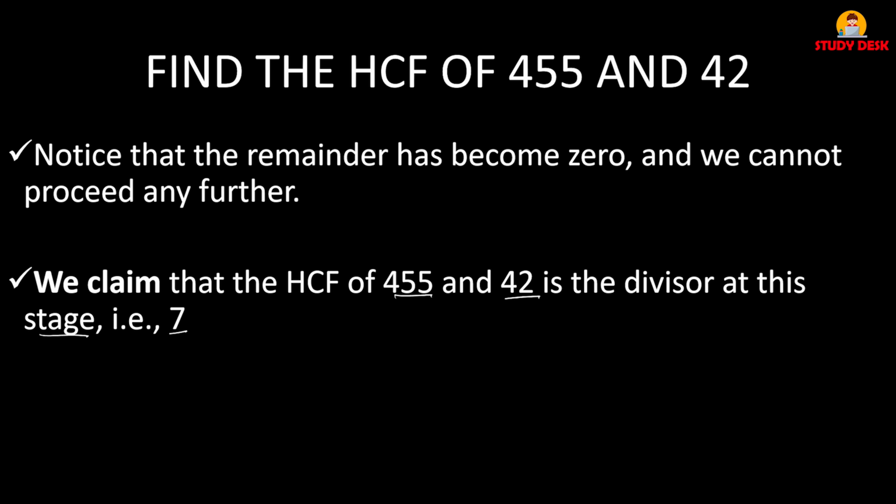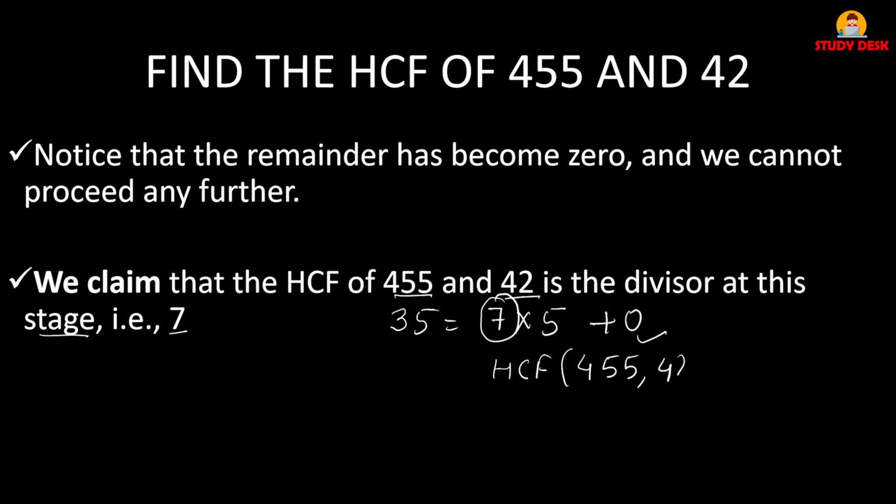So, what was the last step? We got 35 is equal to 7 into 5 plus 0. At this stage, we got the remainder as 0, right? So, at this stage, the divisor is 7. That is the reason we are taking HCF as 7. So, HCF of 455 and 42 is equal to 7.